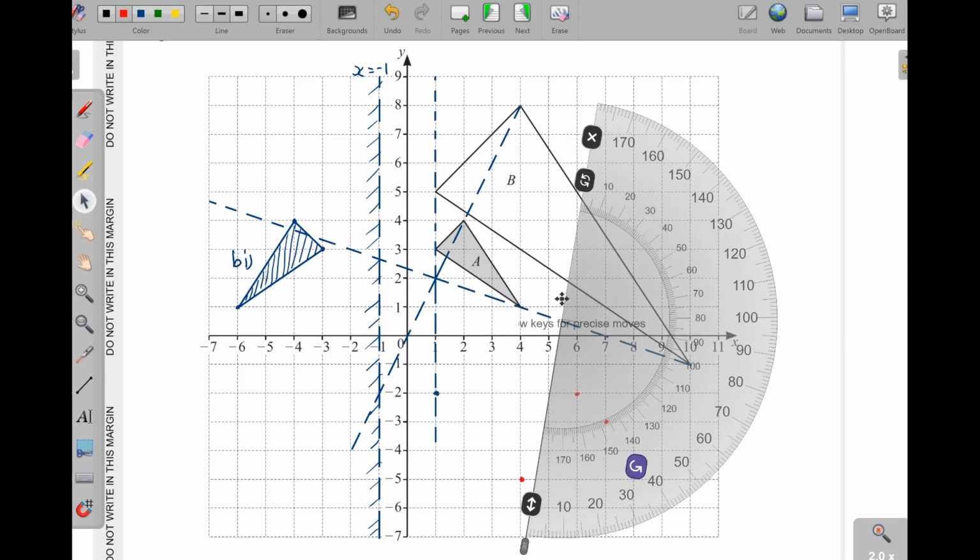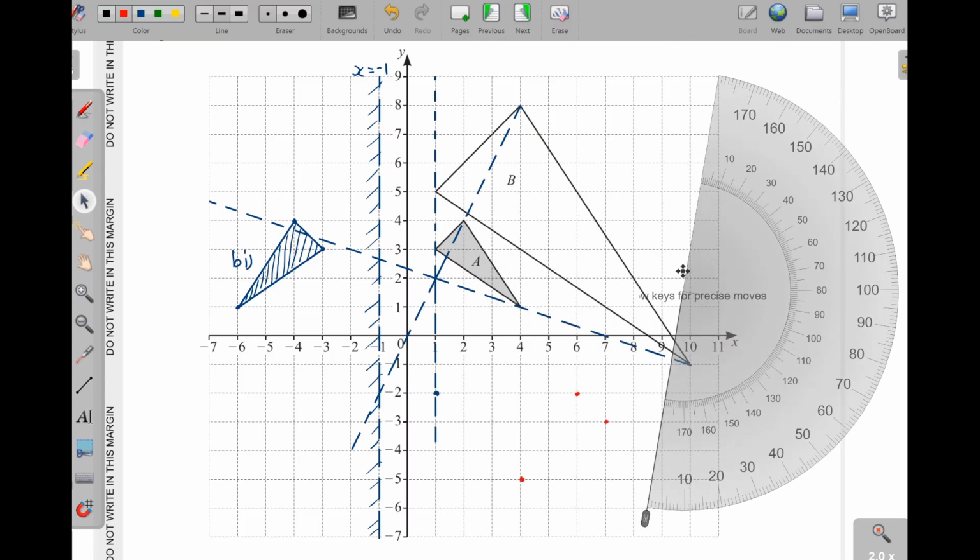Then you can now take this one off, and then you join these points just like that. And then just like before, you can also do a small shading here, and then you label this one as B Roman 2.